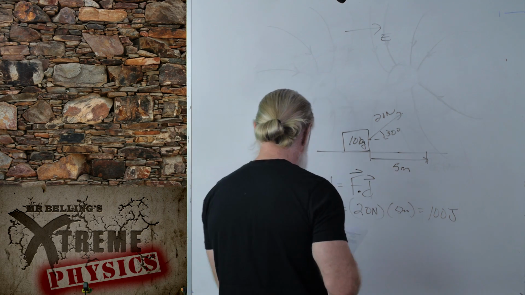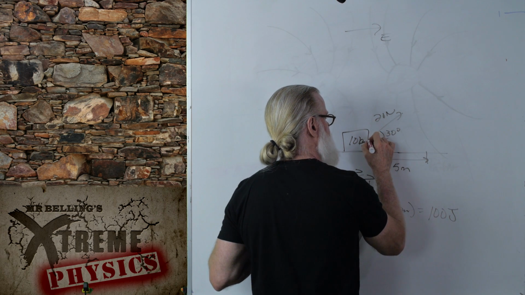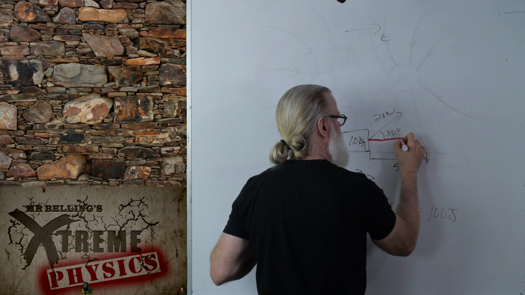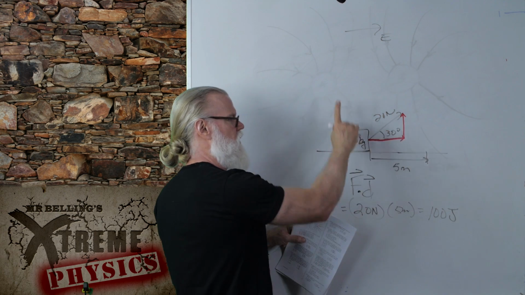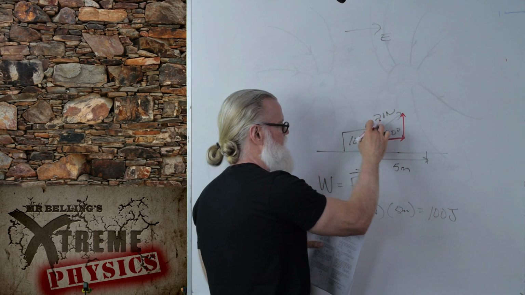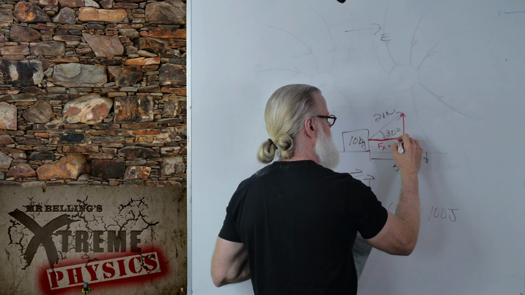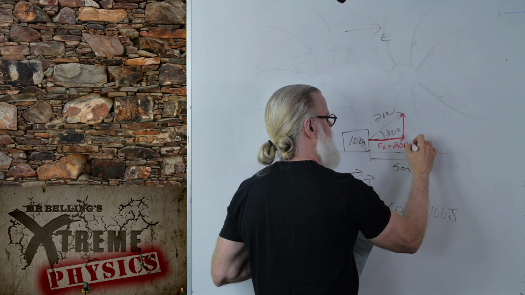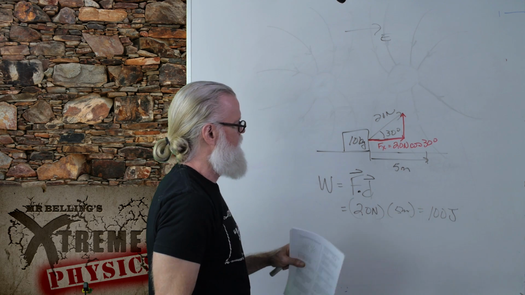So this could be broken into its components. We can think of this as two forces. It's both pulling up and pulling out. This is the hypotenuse of a right triangle. So the force in the x direction is going to be 20 newtons times the cosine of 30 degrees.